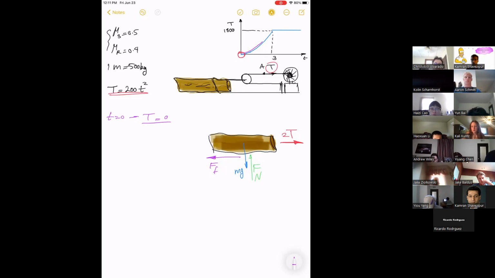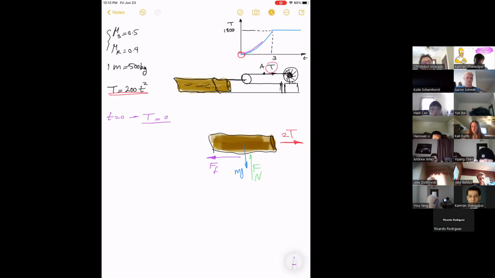When it starts moving, how much force do you need to make the log move? Cristobal, how much force do we need to make the log move? More force than the friction. Which friction? The static.